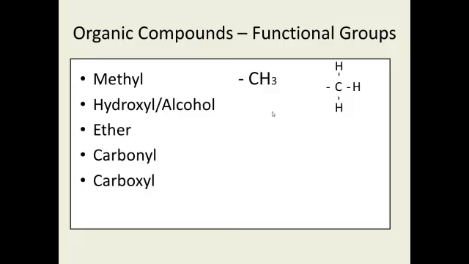Now the next one is the hydroxyl or alcohol group. It's an oxygen bonded to a hydrogen. Now because this goes as a group, we generally leave out the covalent bond between the oxygen and the hydrogen. But it's a polar covalent bond.